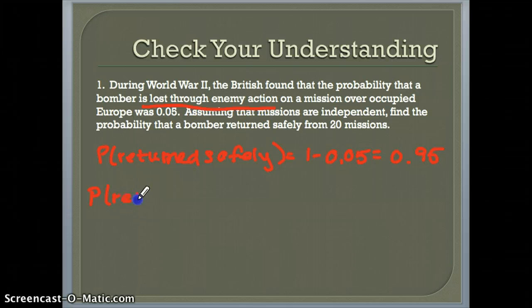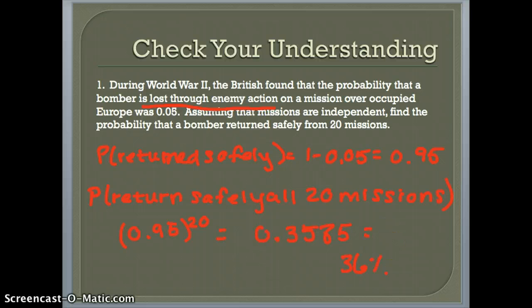So the probability of them returning safely all 20 missions would, of course, be 0.95 times 0.95 times 0.95, or 0.95 to the 20th. And that's going to give us 0.3585. So about 36%.